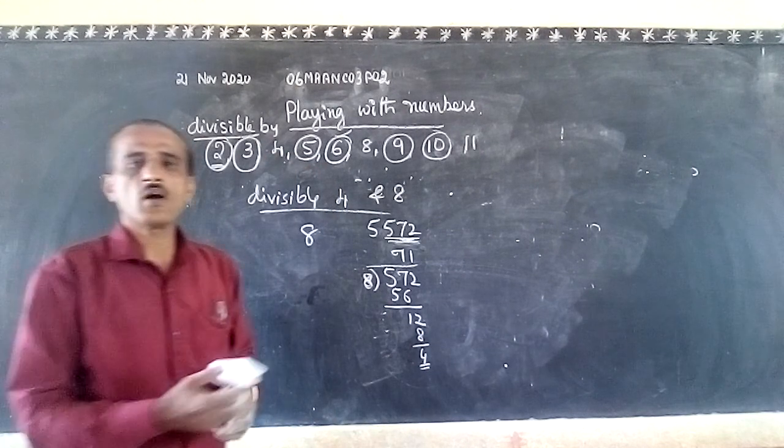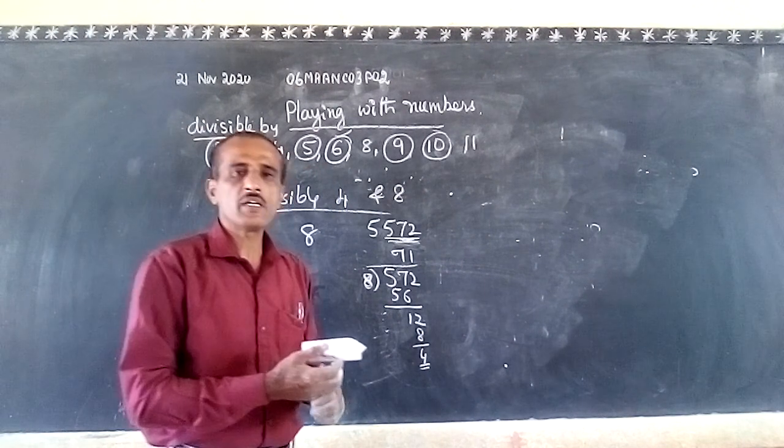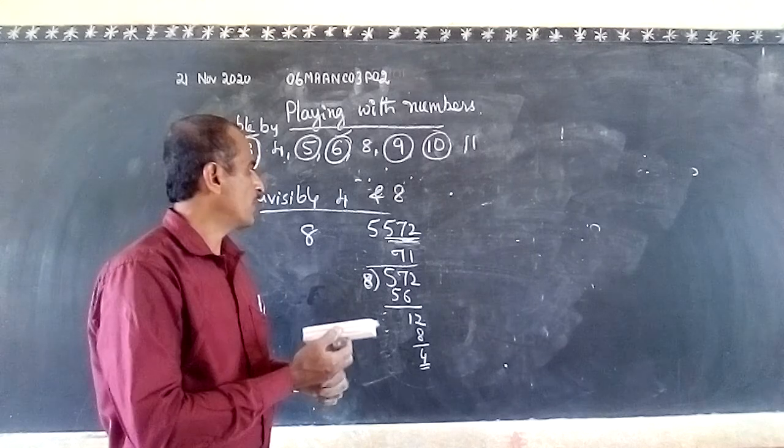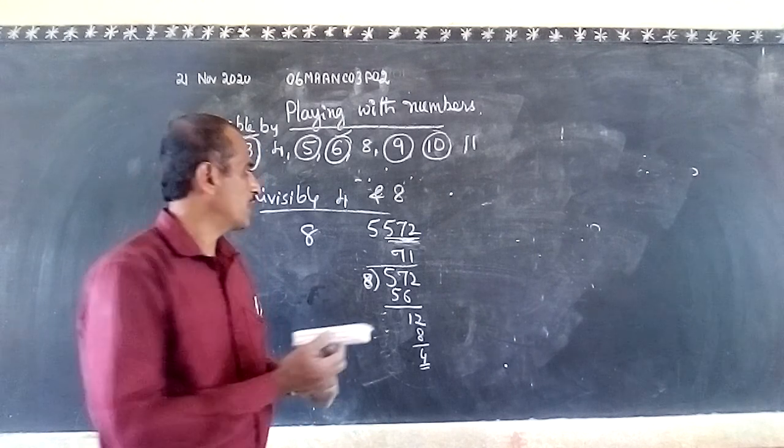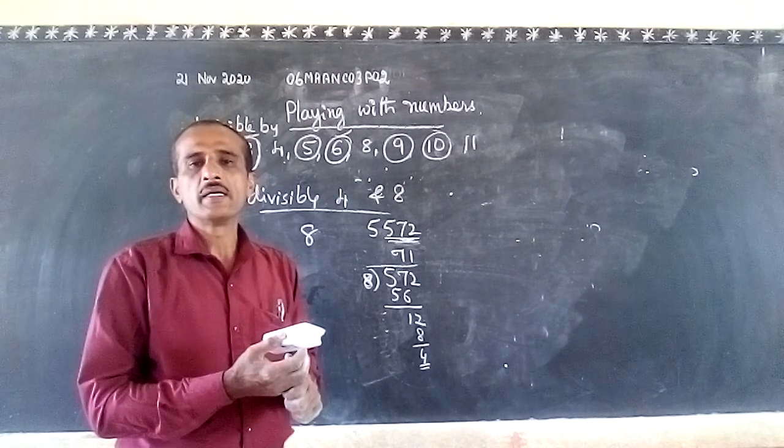You can't divide 572 completely by 8, therefore 5572 is not divisible by 8.